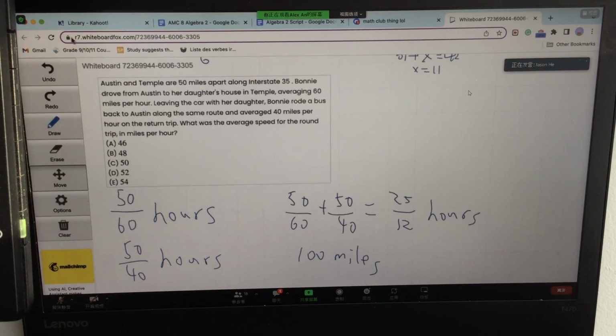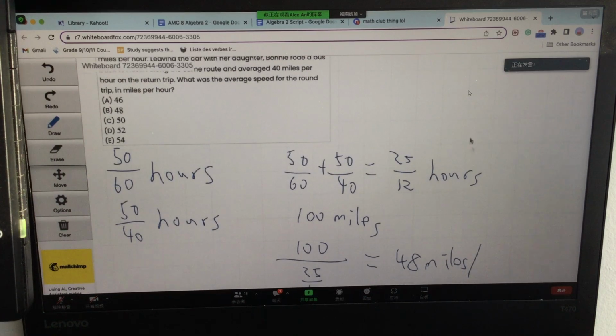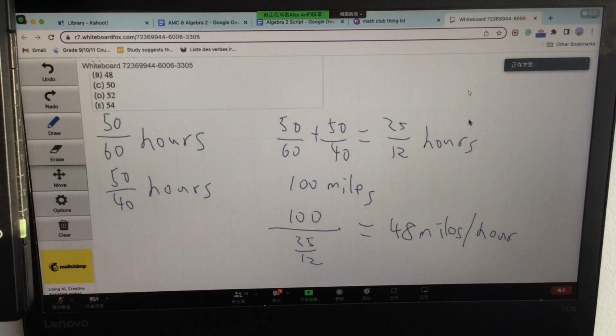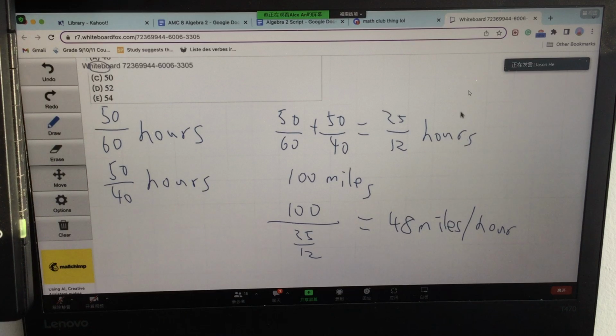So the number of miles per hour is 100 over 25 over 12, and this is equal to 48 miles per hour.